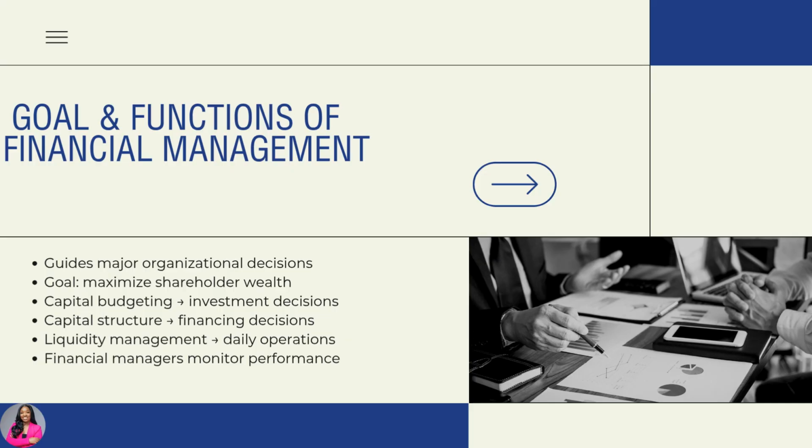And lastly is liquidity management, which ensures the company can meet its day to day financial obligations. Financial managers are responsible for setting financial goals, monitoring performance, and making adjustments to ensure the organization stays aligned with its strategic objectives.